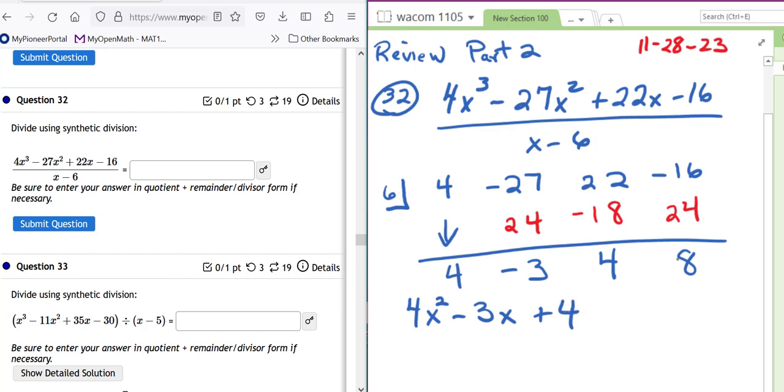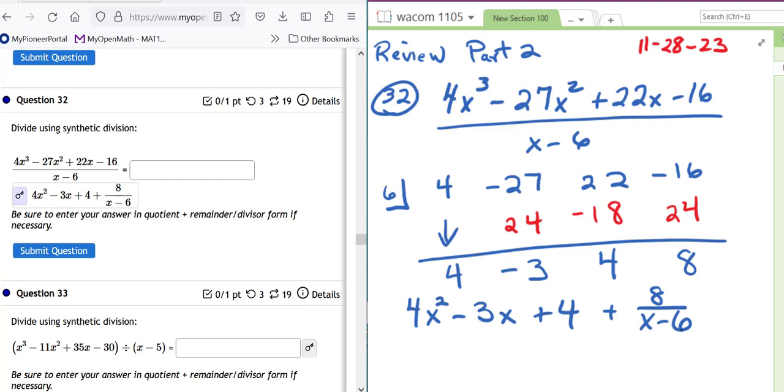Whatever's in this last spot will be a remainder, and you write it back over the divisor. And the divisor was x minus 6. So that's what should go in our answer: 4x squared minus 3x plus 4 plus this fraction form. So that is synthetic division.